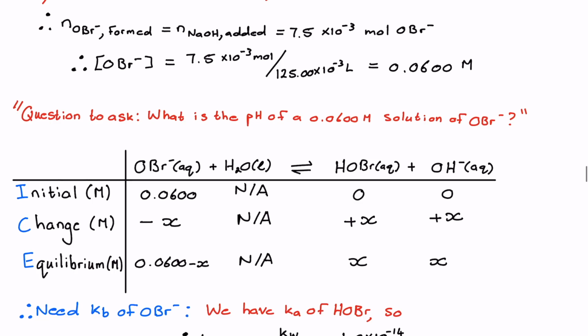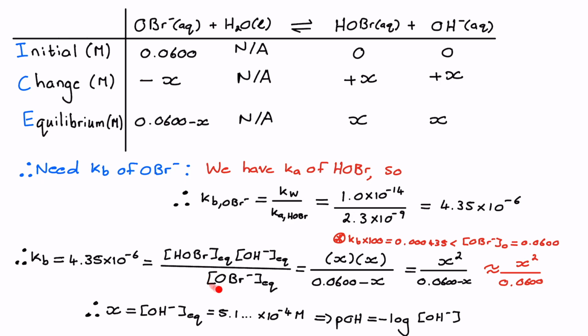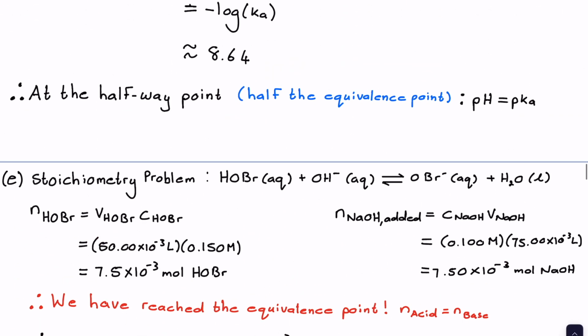If we have the Ka of the acid, we can calculate the Kb of its conjugate base using Kw, because Kw equals Ka times Kb. So you can calculate Kb of this conjugate base, and then it's the same old procedure of calculating the concentration of OH minus to get the pH. All right, so that's what happens at the equivalence point. This equilibrium, I like to think of it as switching around.